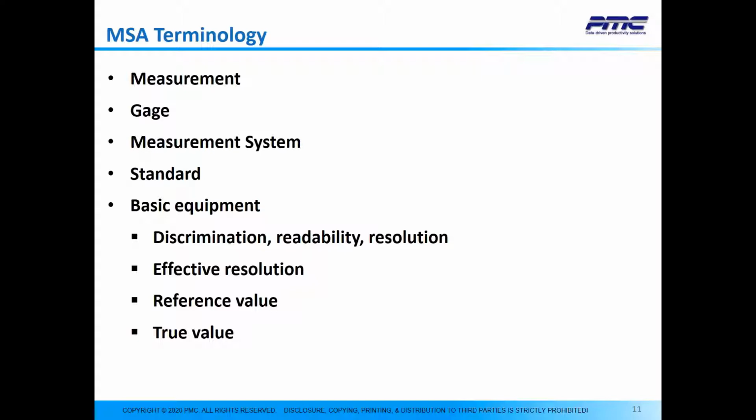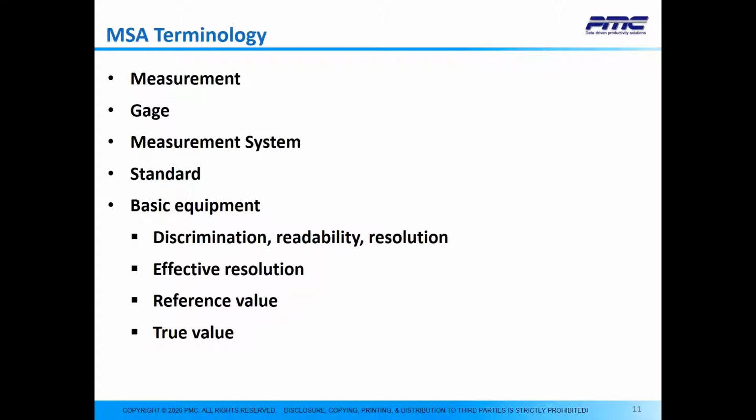Then the gauge is any device used to obtain that measurement. The measurement system then is the collection of instruments or gauges, standards, operations, methods, fixtures, software, personnel, environment, and assumptions used to quantify a unit of measure.